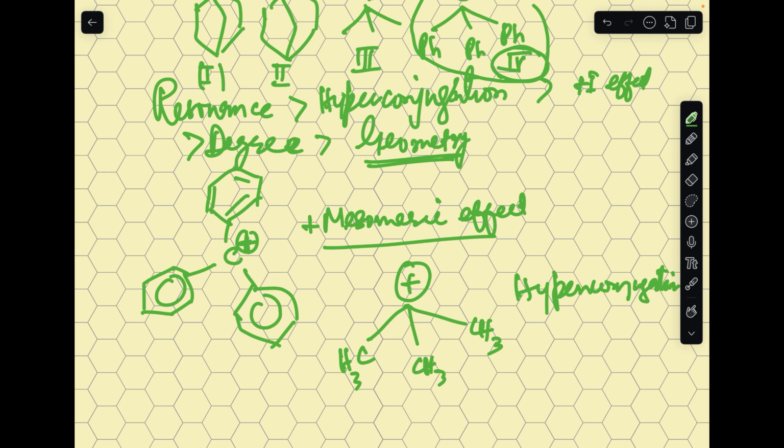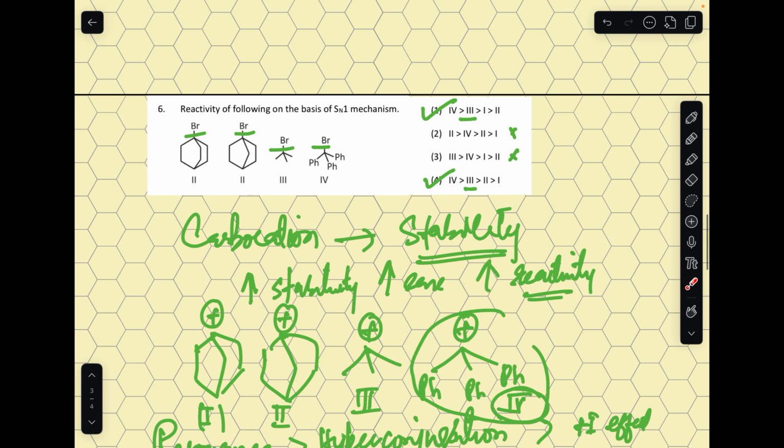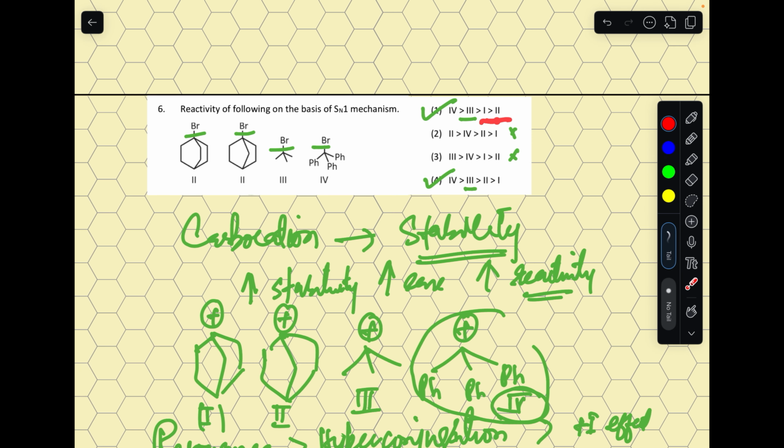It is the donation of the sigma electrons into the p orbital of the carbocationic carbon, and that is actually hyperconjugation. And this hyperconjugation stabilizes this tertiary butyl carbocation. That is why it comes in second place, but it is common in both the options. That means the deciding compounds here are the first and the second compounds.